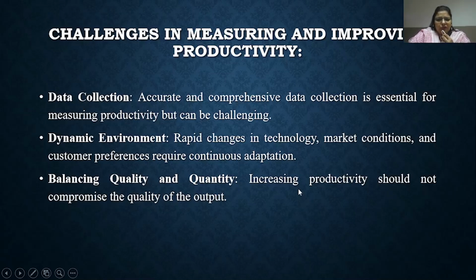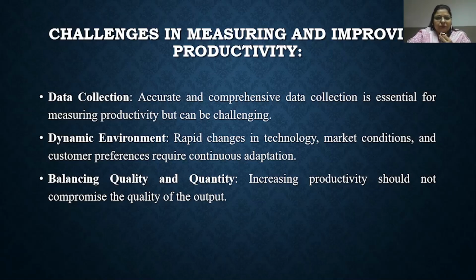Increased productivity should not compromise the quality of the output. So, quality measure is very important. If you are increasing your productivity, you have to check the quality. Does it reach the quality measures, or is it appropriate for the quality measures or not? So, quality is also a challenge when we are measuring the productivity of a particular unit.